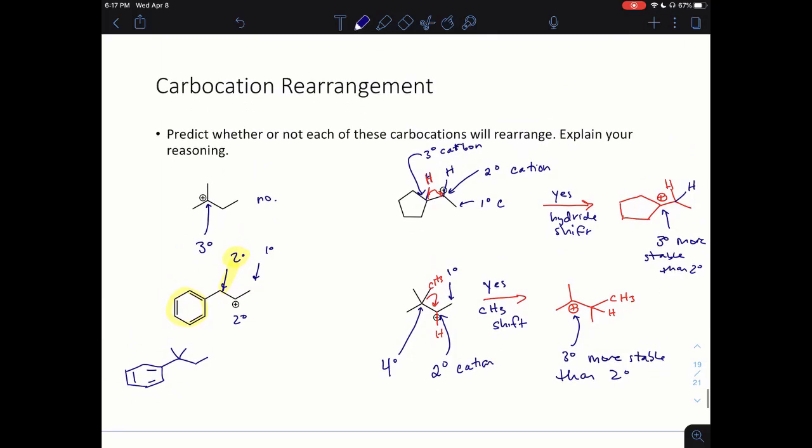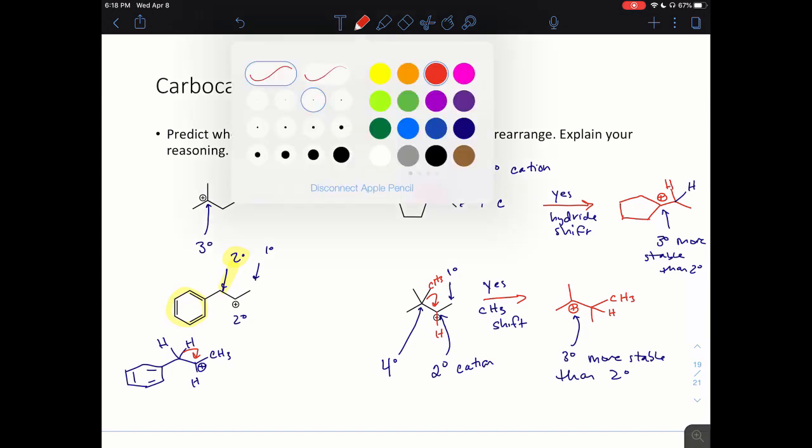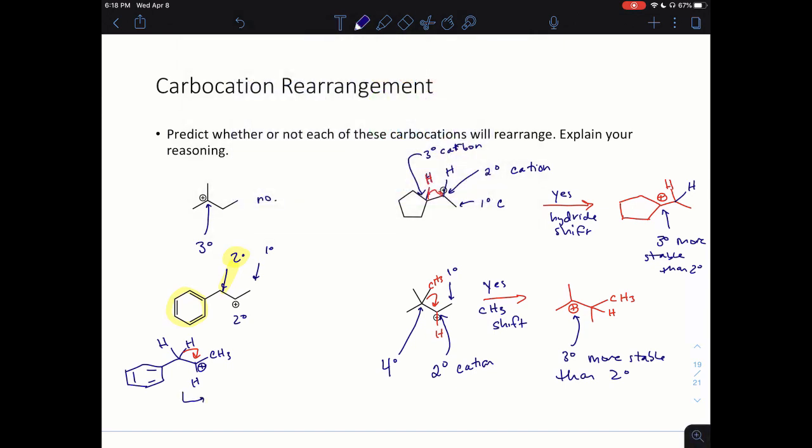So we can have one of these hydrides shift, and that will generate this cation, so we went from secondary, and it's still going to be secondary, but now we can draw resonance structures to show how the charge is shared.